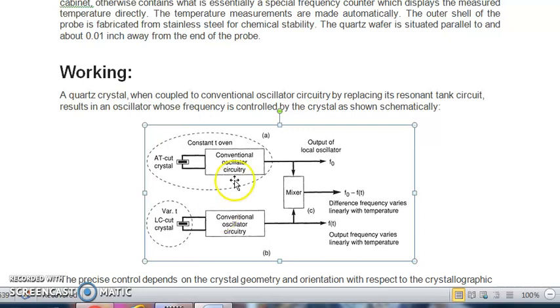Both are measuring the frequency through their internal oscillator circuits and conveying their data to the mixer. The output of both oscillatory circuits is mixed here, and what is the final output? A difference frequency that varies linearly with temperature.